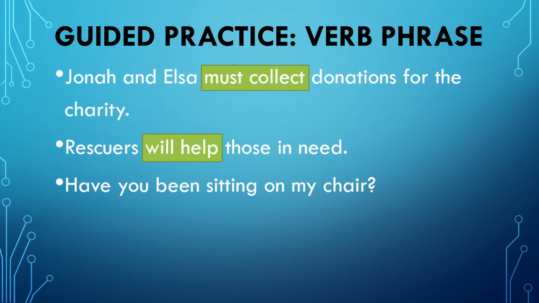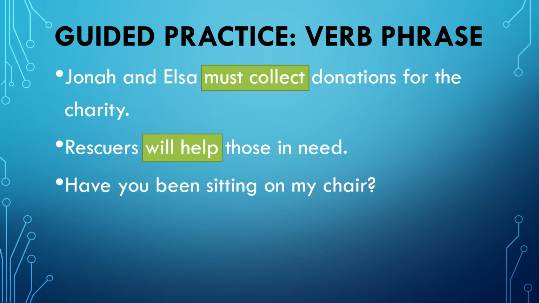Now, some of you may be confused because this is a question, not a statement. Therefore, we need to transform this question into a statement. So, from have you been sitting on my chair to you have been sitting on my chair.